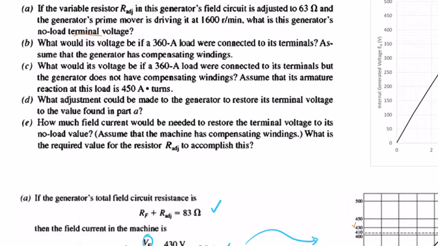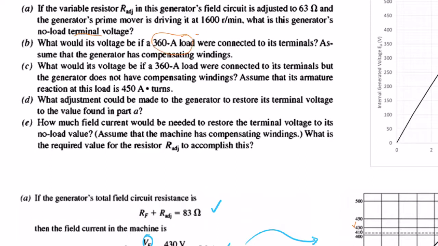Question B, what will its voltage be if a 360 amp load were connected to its terminals? Assume that the generator has compensating windings. Okay, 360 amp load.